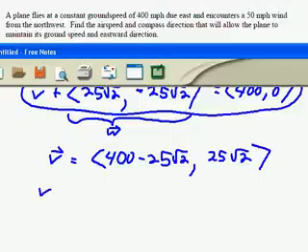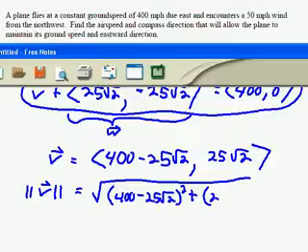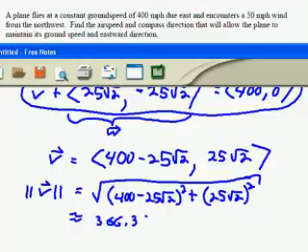You can do that by just finding the magnitude of V. That's equal to the square root of 400 minus 25 rad 2 squared plus 25 radical 2 squared. And that turns out to be about 366.35.